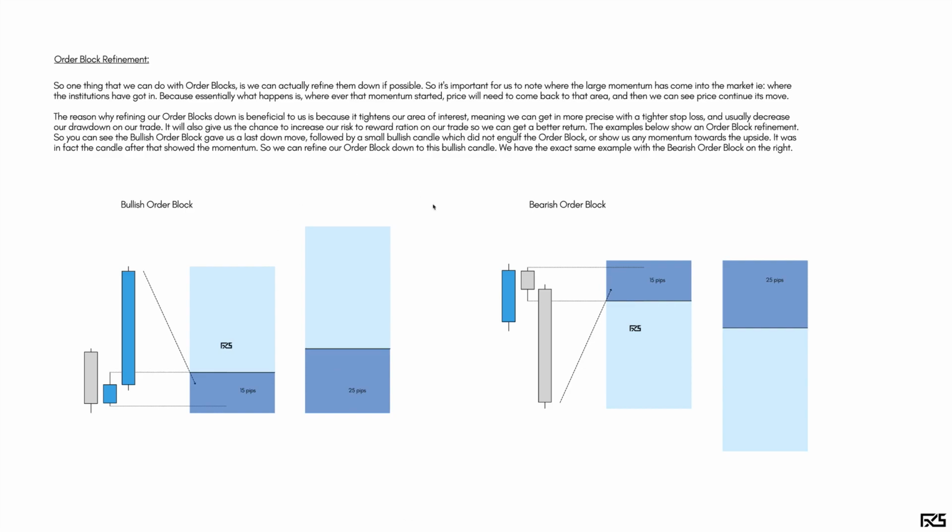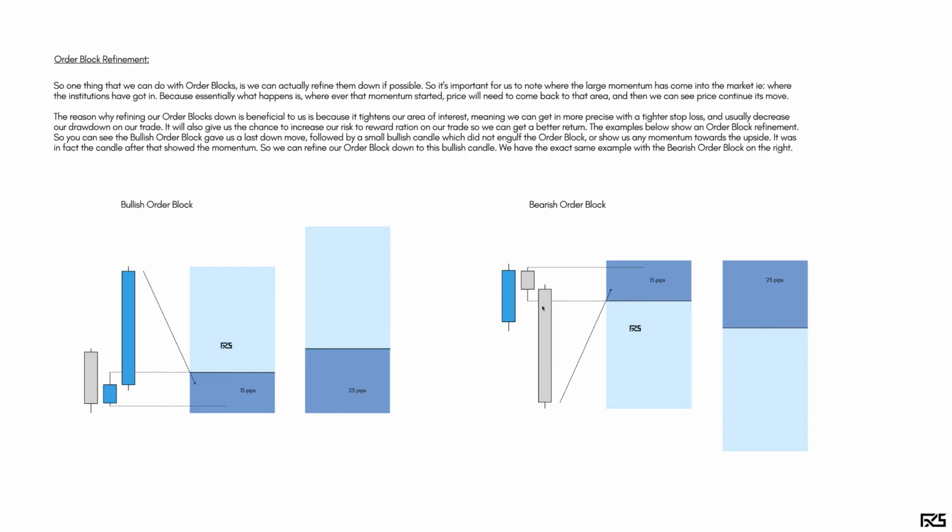The next example is a bearish order block, which is exactly the same thing. This is our bearish order block, but the candle after did not show any momentum, or it did not engulf the order block. So we can take this as our order block and refine it down to this. This is now our order block because it's the candle before that momentum came in.